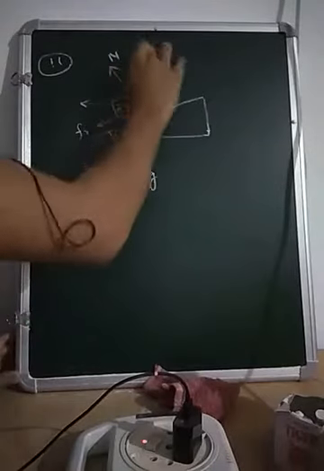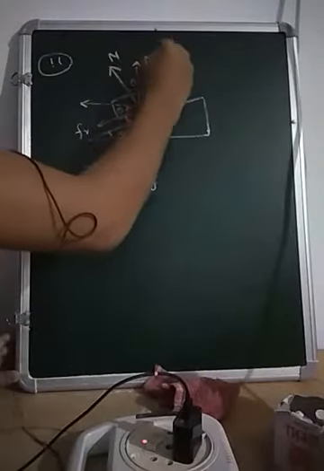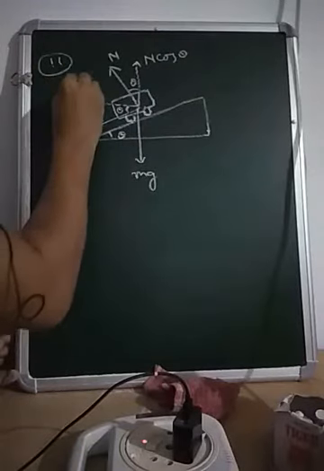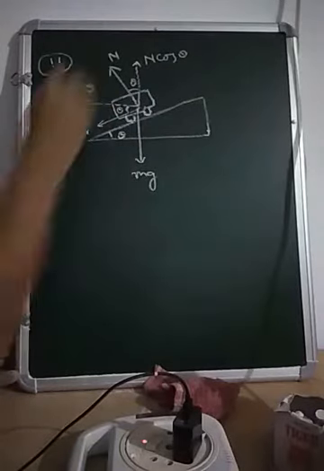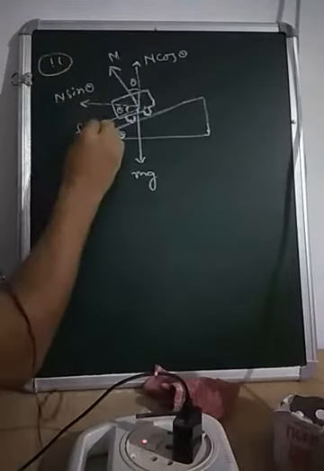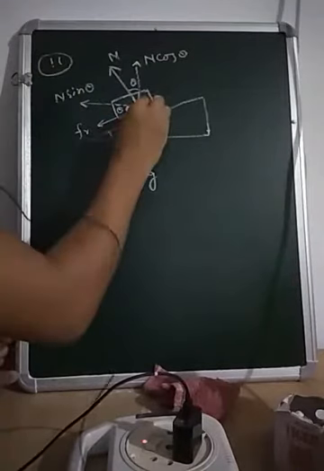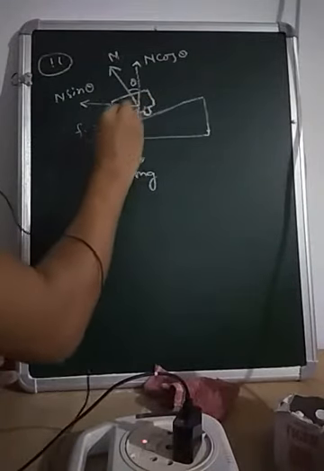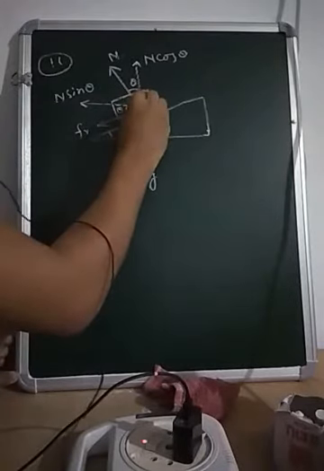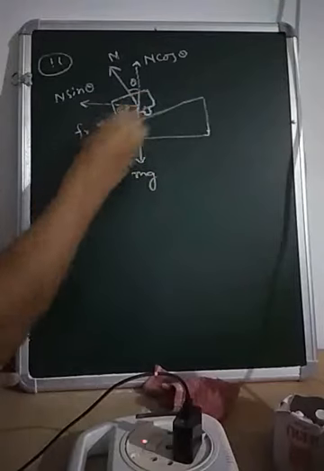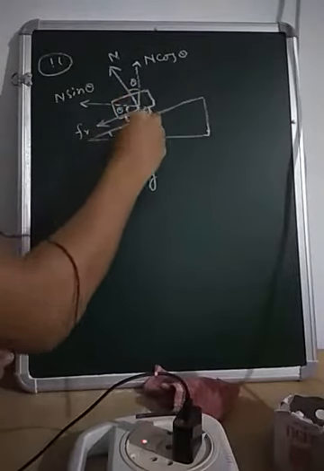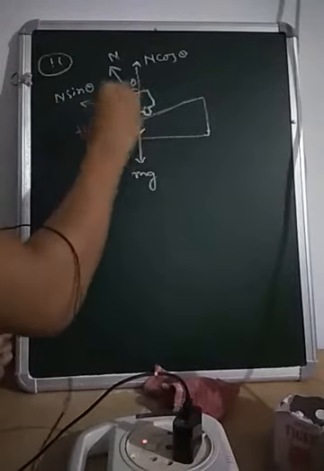So now I'm going to resolve the components. This component will be N cos theta, and this component will be N sin theta. Okay, we have resolved the components of the normal reaction. Now we resolve the components of the frictional force. Frictional force is along this direction. The two components are perpendicular to each other, one in this direction and one in this direction.